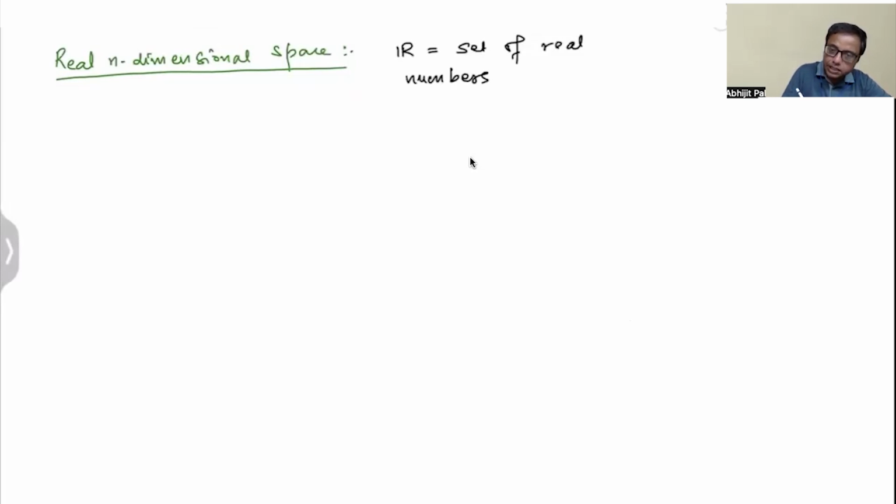And what is my n-dimensional space? This is my Rn. It is defined to be the set of ordered tuples x1, x2, up to xn, where all these x1, x2, xn belong to the real number set.